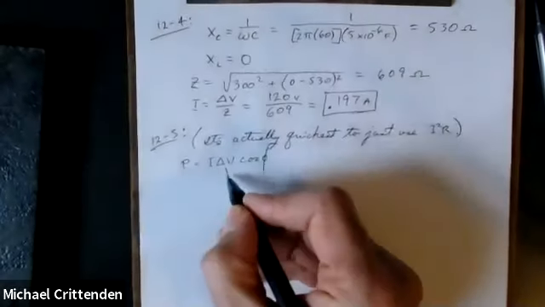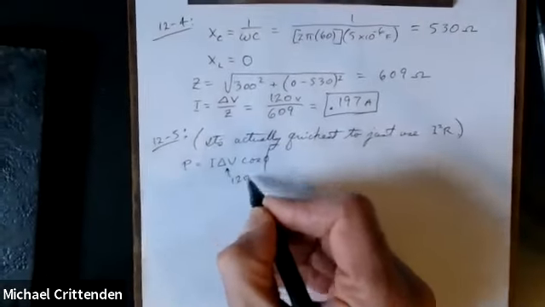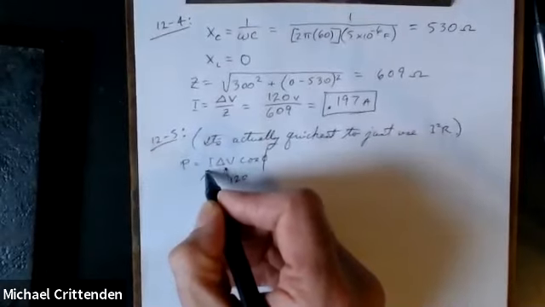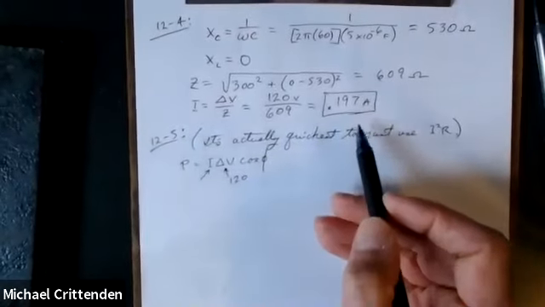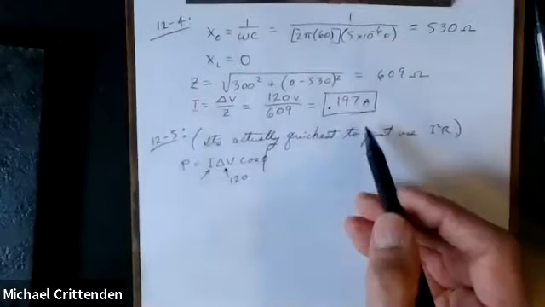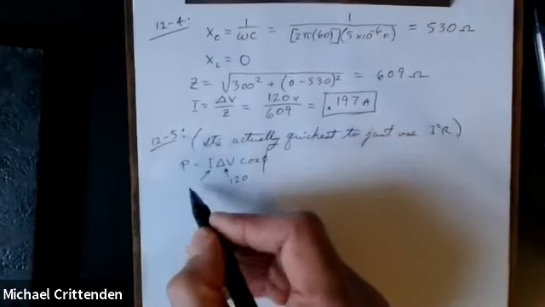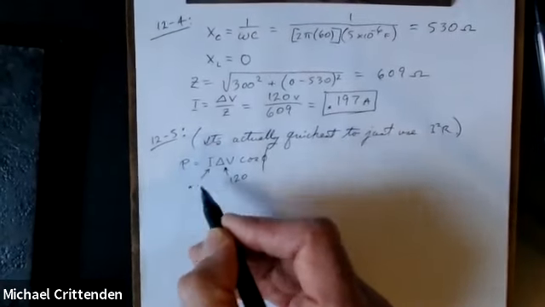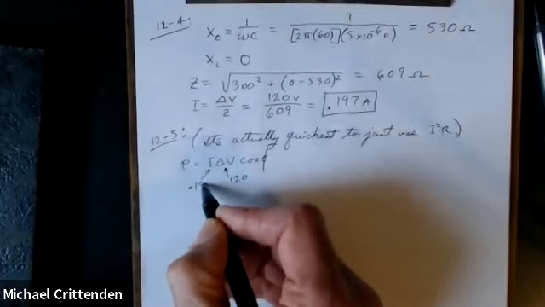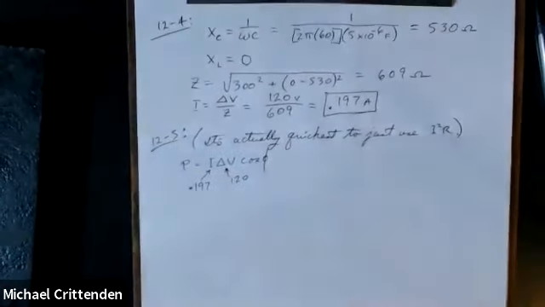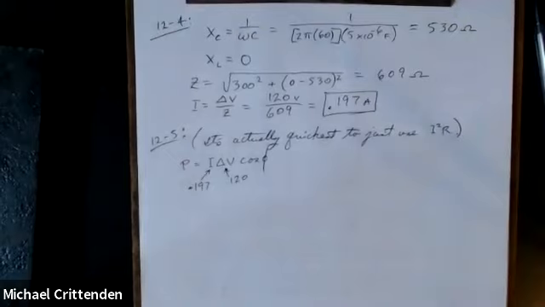Might as well write that down. And I know the current is, actually, I guess you have to have already done number 4 to do it this way also. But from number 4, I know that the current is 0.197.